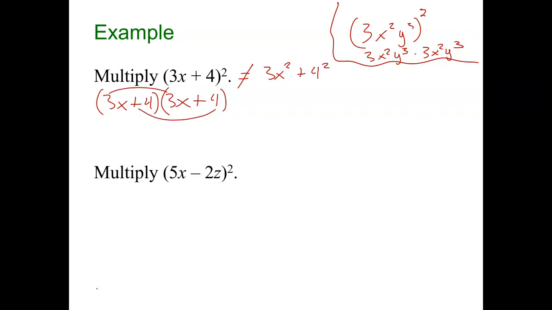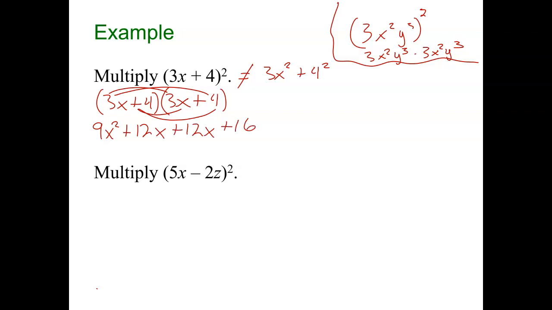Is that how I did any of the previous problems? I just multiplied two things together? No, I did everything together. So I'm not going to end up with 3x squared plus 4 squared. I'm going to end up with 9x squared plus 12x plus 12x plus 16.